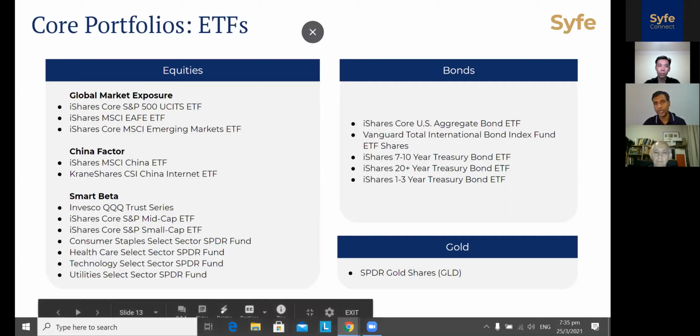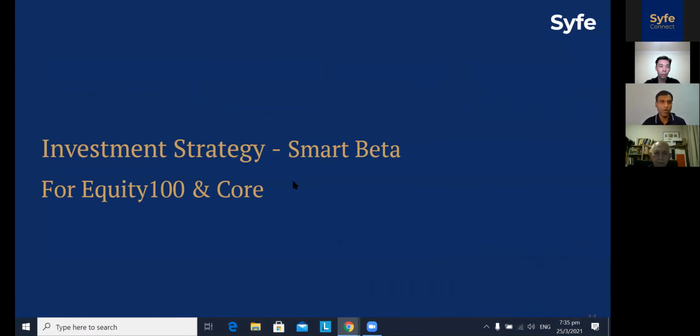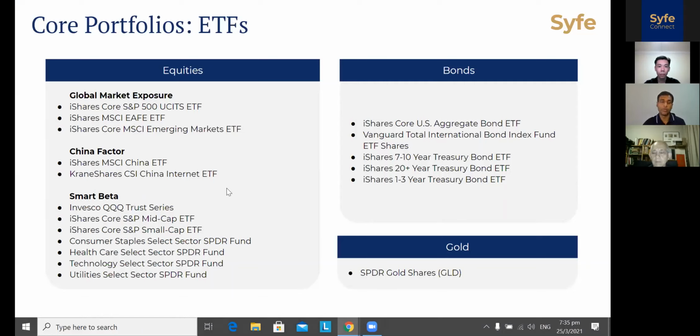And then you have the typical bond and gold exposure through the asset ETFs, which are typically used for these portions per se. Now let's go on to the equity 100, because as I mentioned briefly in this section, the core portfolios and the global ARI portfolios are basically cross asset class portfolios, right?